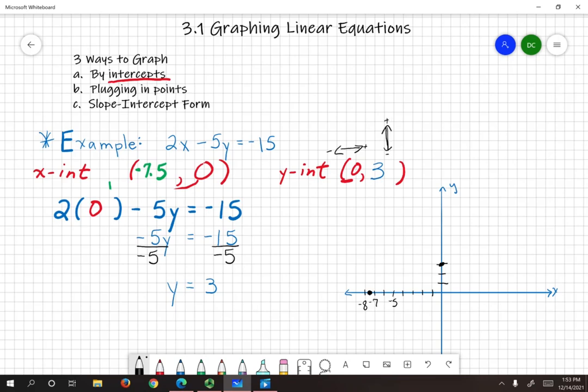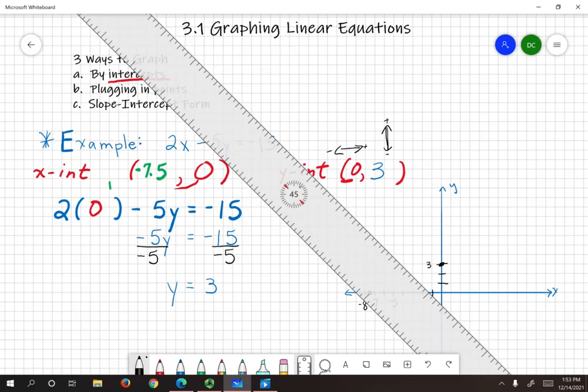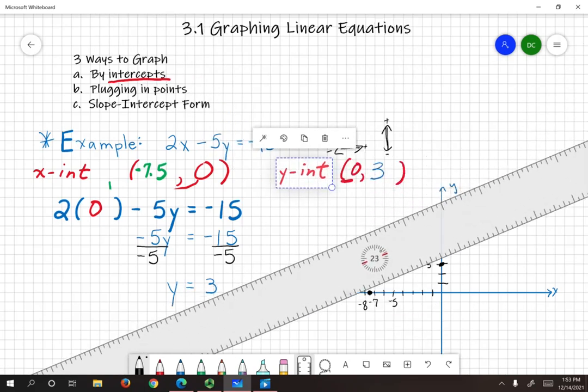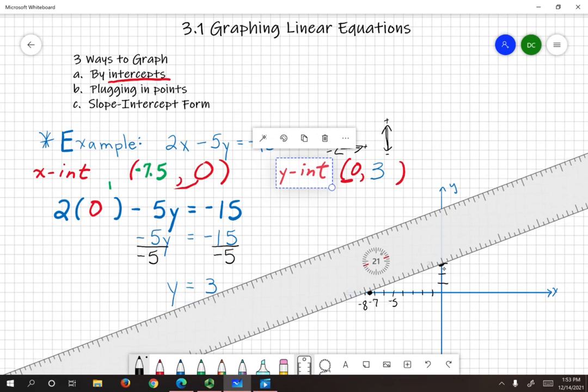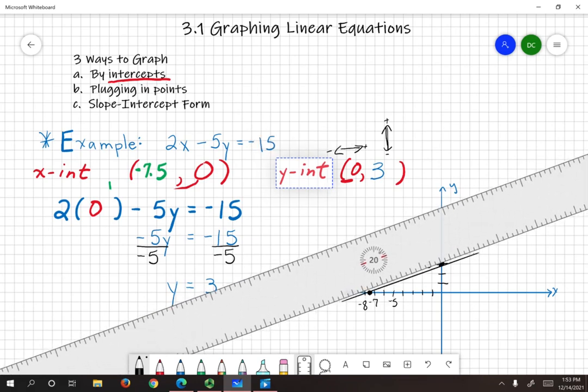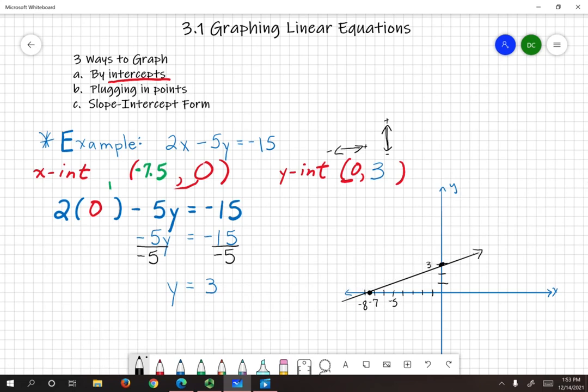So 0 to the right or left, and then 3 up or down. My line then looks about like that, give or take a couple millimeters. That's one way to graph the line.